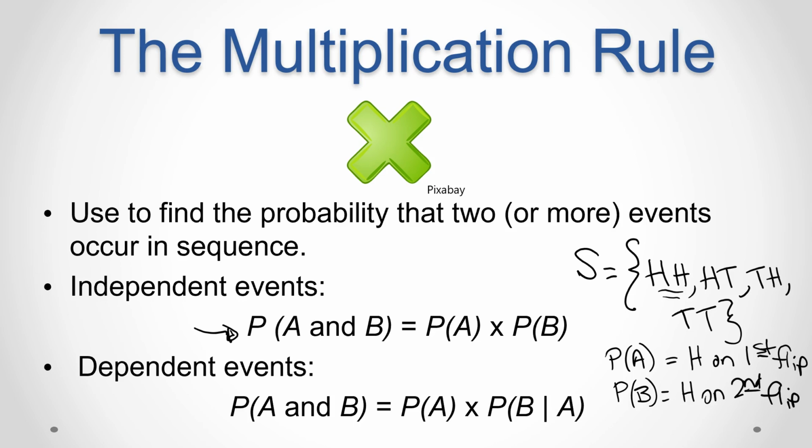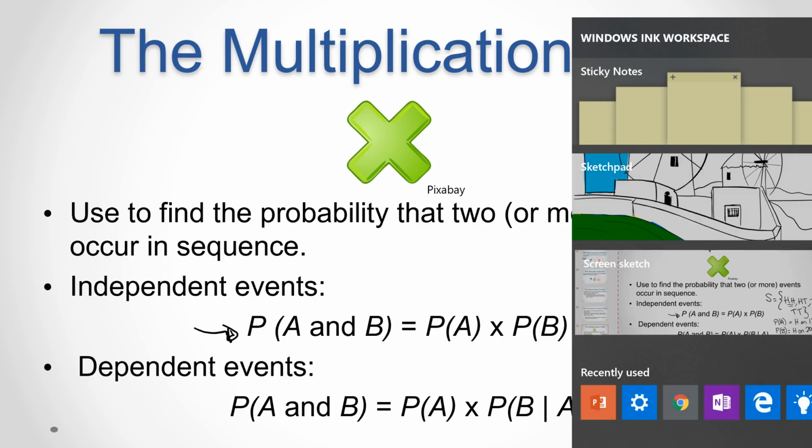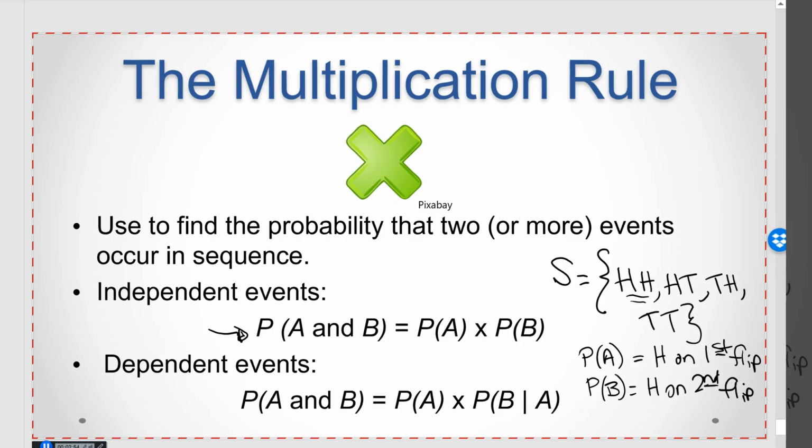So the probability of A is equal to 2 out of 4, right?